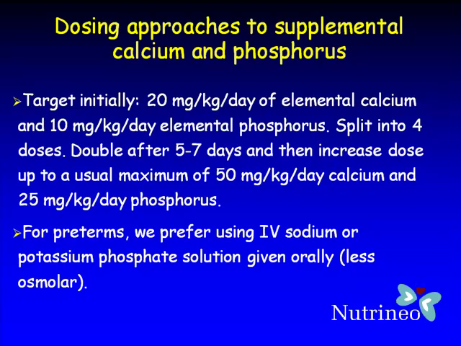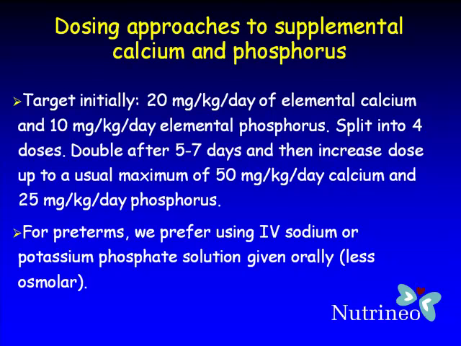Here is some dosing that we've used. I don't think that these are too crucial to record. We're very cautious about the use of elemental calcium added to human milk. There's a rare case report of necrotizing enterocolitis with supplemental calcium added individually. Some of these solutions are very hyperosmolar, and we don't know much about their bioavailability.